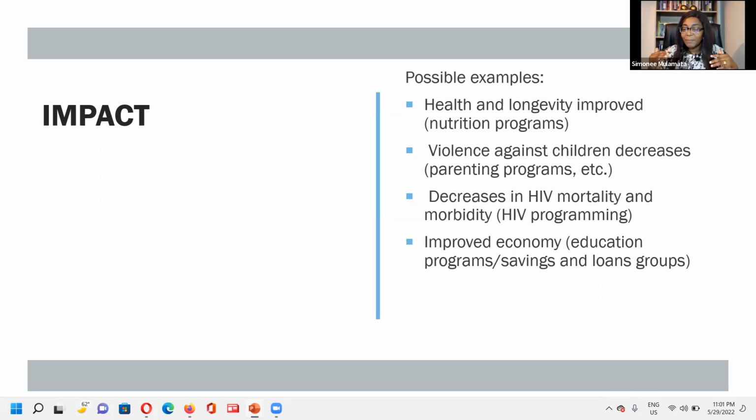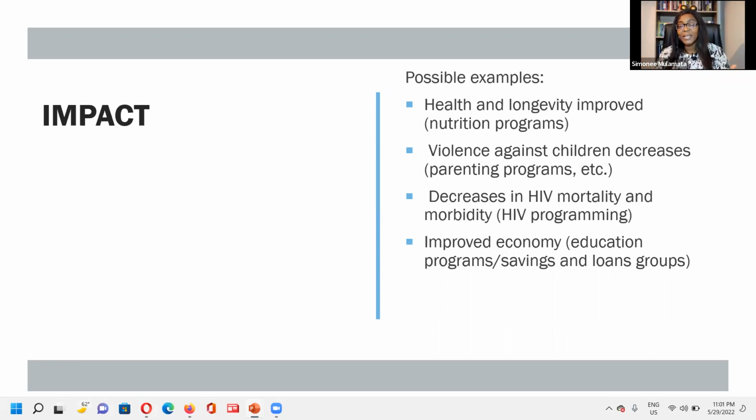Improved economy or education programs, savings and loans, or improved quality of life for all the people by giving them pure water or better water supplies, better ICT infrastructure or road infrastructure. There are fewer road accidents, fewer deaths on roads because of the improved road infrastructure.